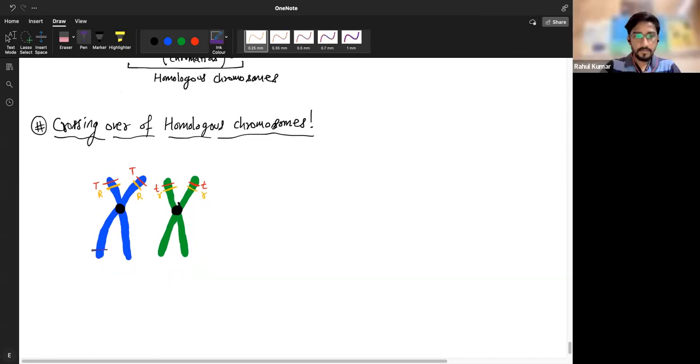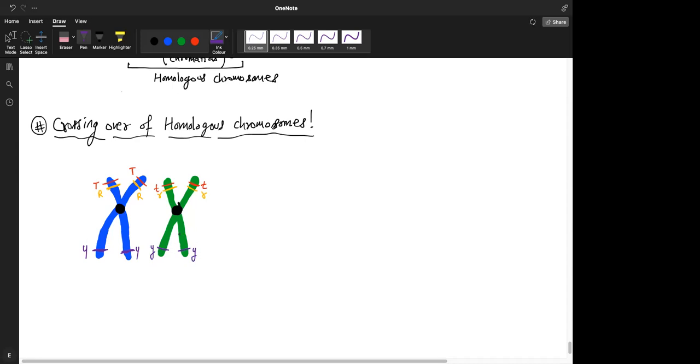Then we had a gene towards this end, capital Y for yellow. And on the homologous chromosome, we have small y for green, right? Yes. These were the two homologous chromosomes we started with.